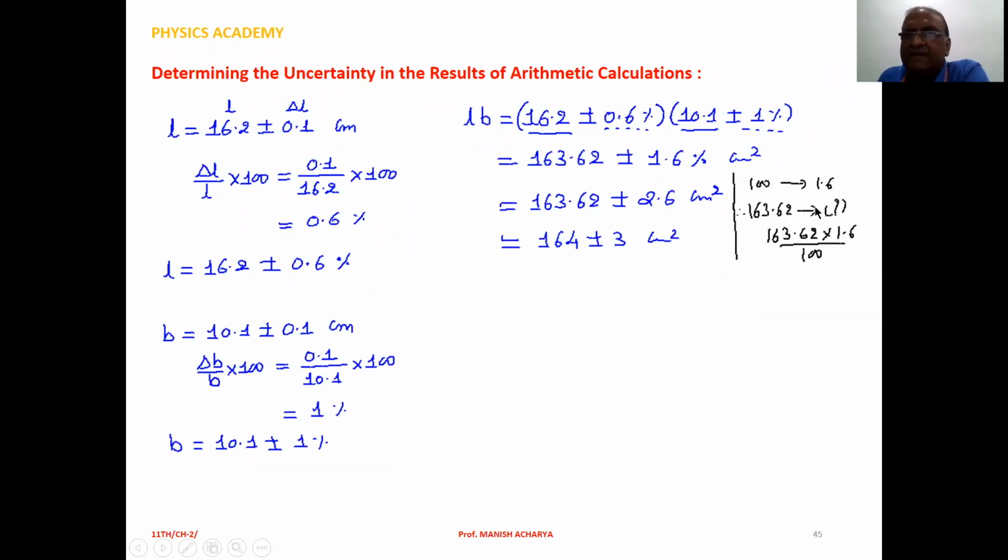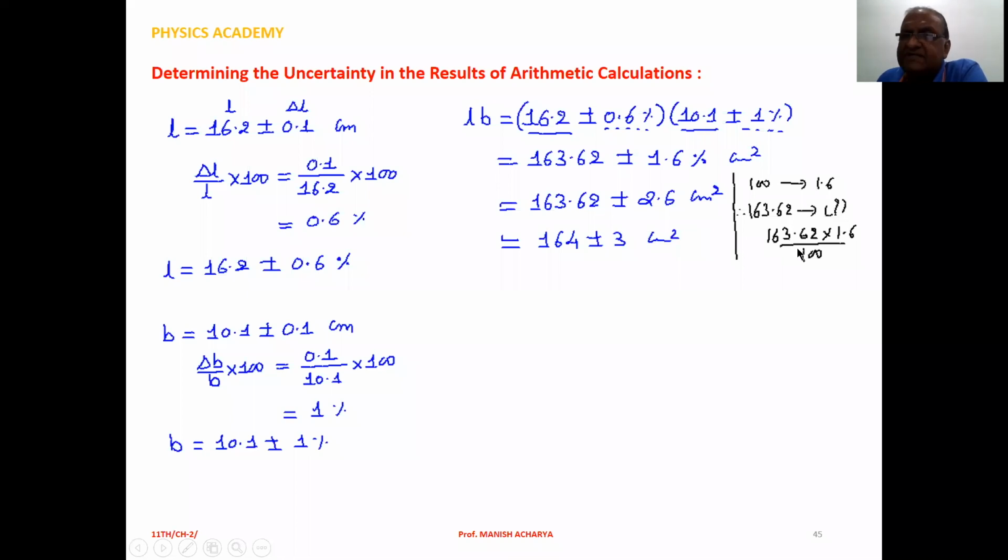Now suppose you write this in terms of absolute error, then you can calculate like this. Percentage is always per 100. So we can write the error per 100 as 1.6. Therefore in 163.62, how much?